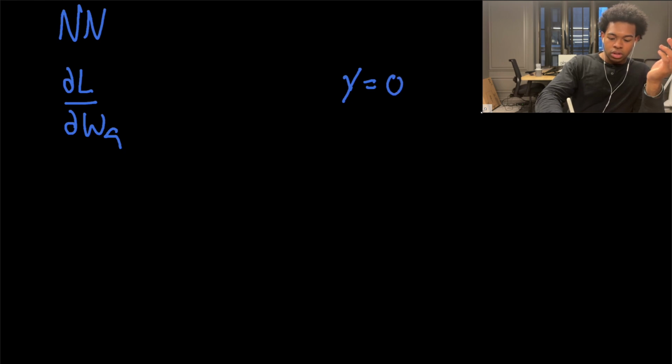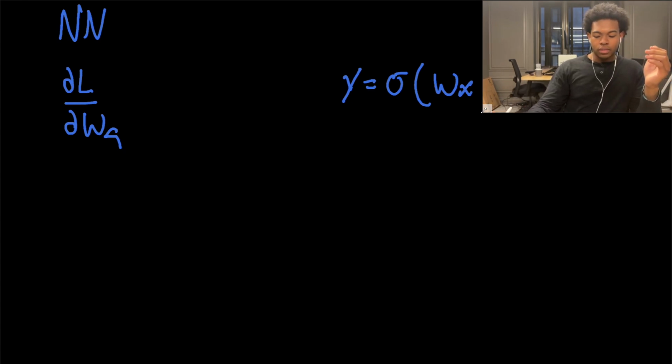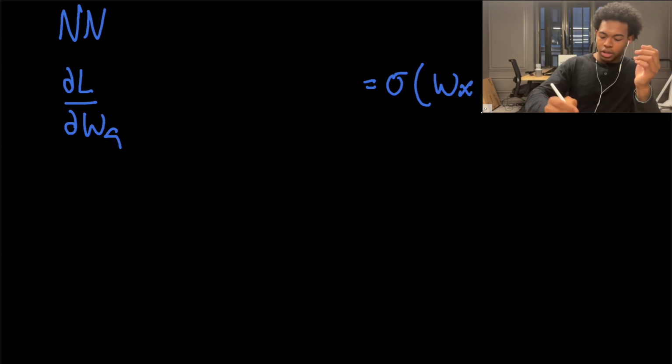In our neural network, what are we going to call our output? Not Z. We're going to say Y equals sigmoid of, let's just do one layer. Let's not complicate it.